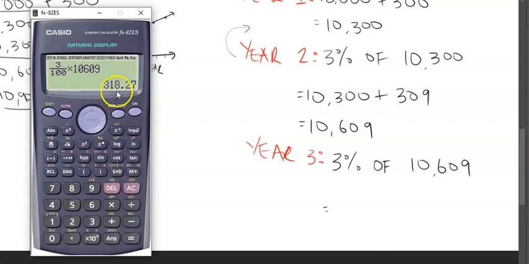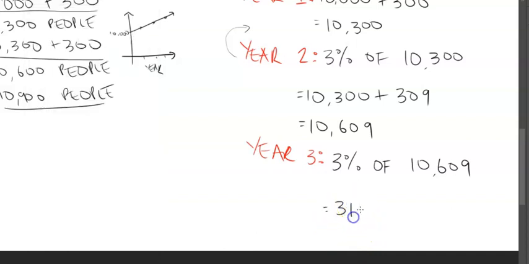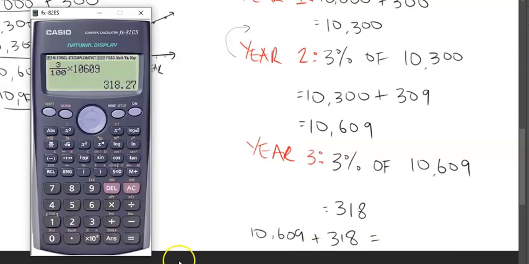And so we have 318.27. We can just round that down to 318. So let's add 318 to the 10,609 people. 10,609 plus 318, we have 10,927.